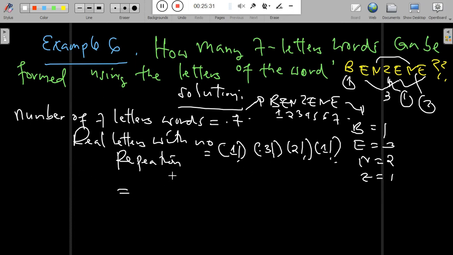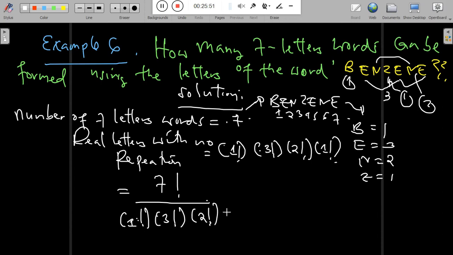So the value will be equal to 7 permutation divided by, in brackets, 1 permutation times 3 permutation times 2 permutation times 1 permutation, which will give you, when you set it in the calculator, 420.